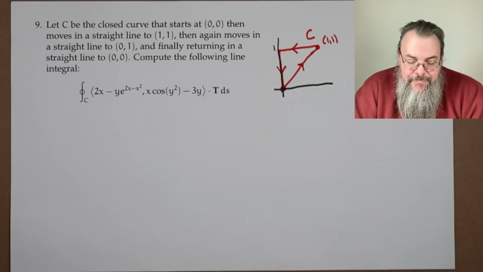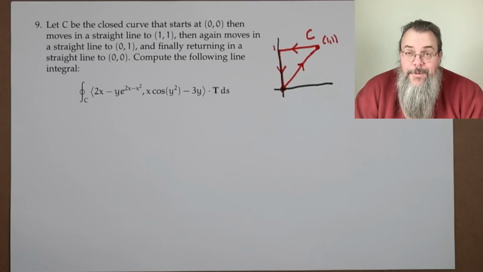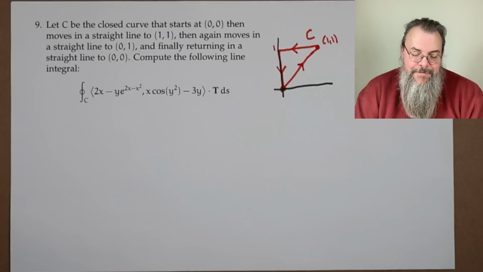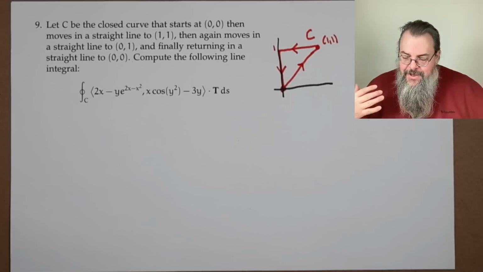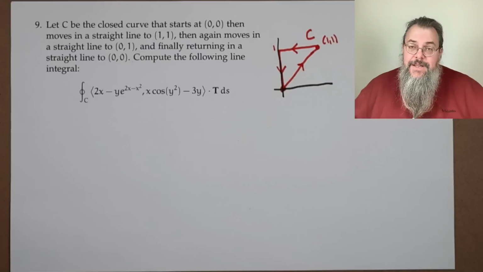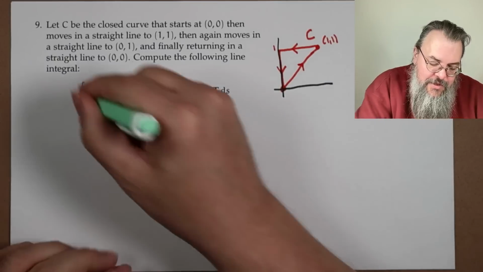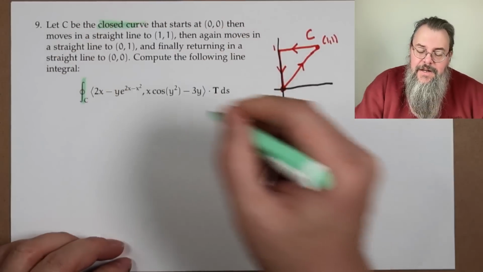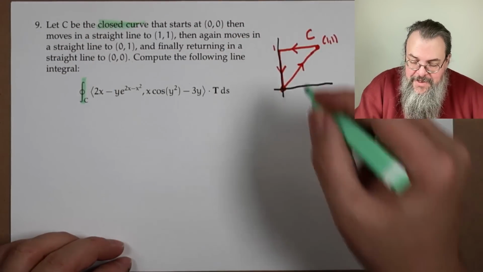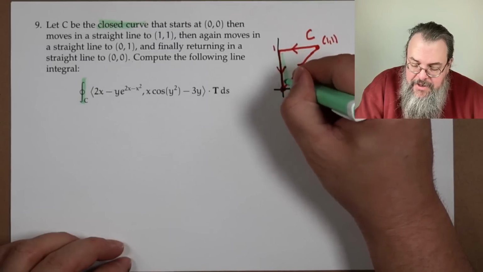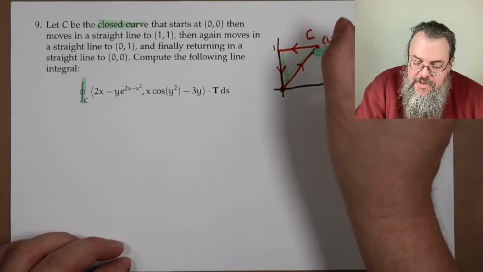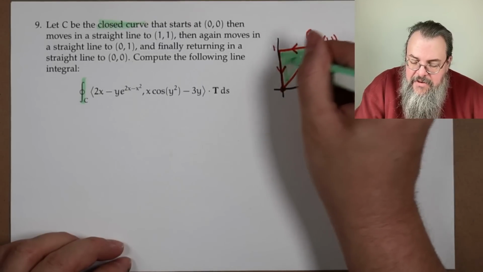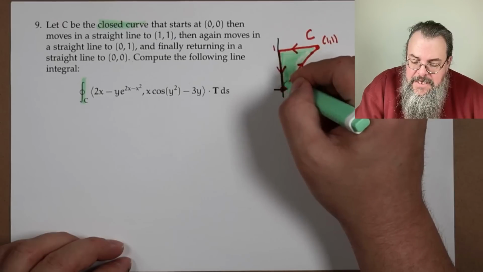All right. Now, what's the idea here? When you see a closed curve in the plane, you think to yourself, hey, closed curve in the plane, Green's theorem. So we're going to think about saying, let's not just do this line integral because that looks like it could be annoying.